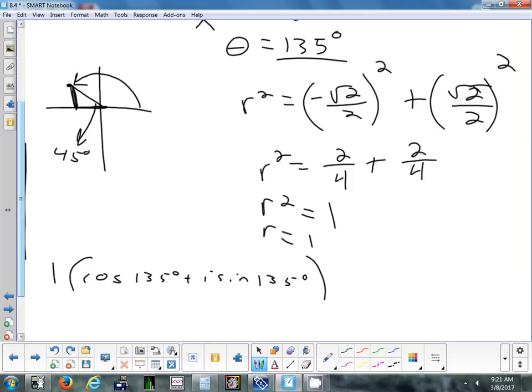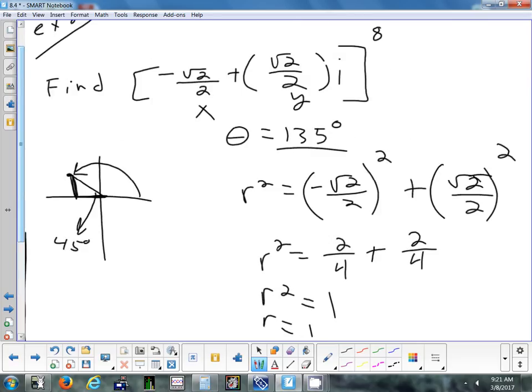Yeah, I'm still confused on how you get that 135. So because it's an isosceles triangle, right? Because this side is root 2 over 2, and this side is root 2 over 2. The only way I can have an isosceles triangle, if that's a 90, is these both have to be 45s. Otherwise, it wouldn't add up to 180.